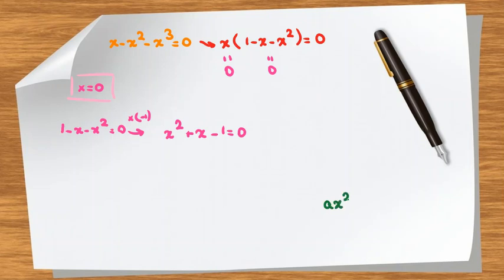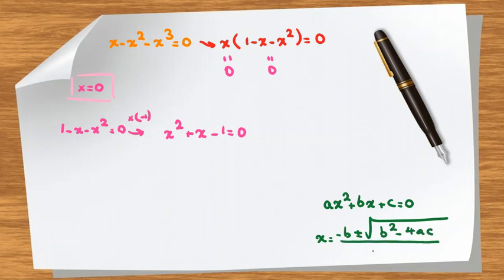If you have ax squared plus bx plus c equal to 0, then x equals negative b plus or minus square root of b squared minus 4ac, all over 2a. So here a is 1, b is 1, c is negative 1.